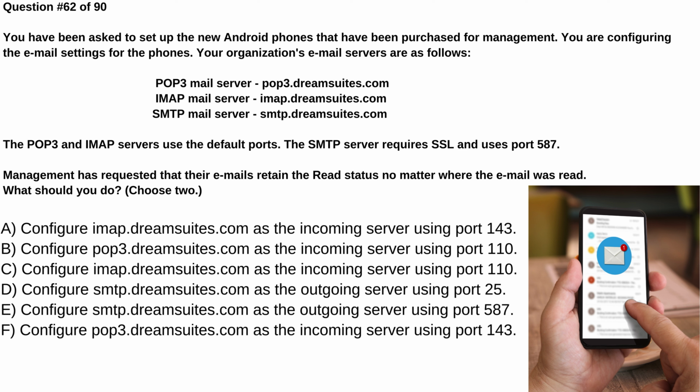Is the answer E, configure smtp.dreamsuites.com as the outgoing server using port 587? Or is the answer F, configure pop3.dreamsuites.com as the incoming server using port 143? The answers are A, configure imap.dreamsuites.com as the incoming server using port 143, and E, configure smtp.dreamsuites.com as the outgoing server using port 587.